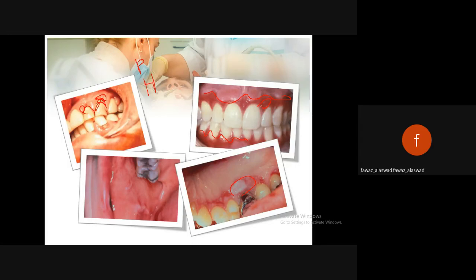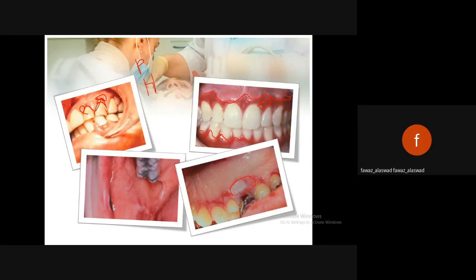Another autoimmune disease which may affect the gingival area is systemic lupus erythematosus. Sometimes the gingiva is also involved with allergic causes or an allergic type of response.